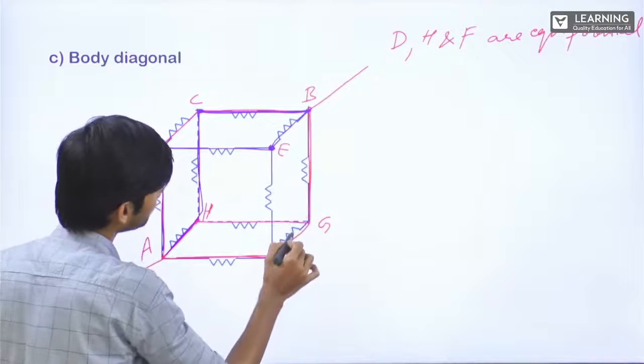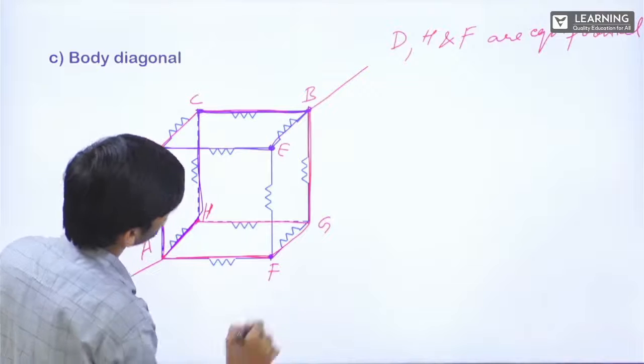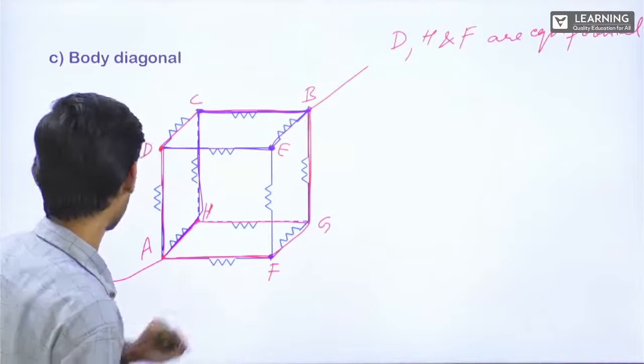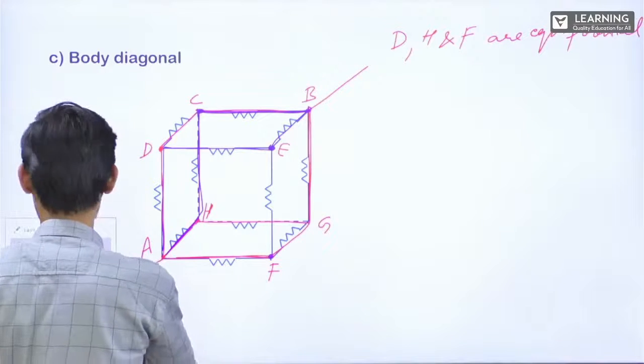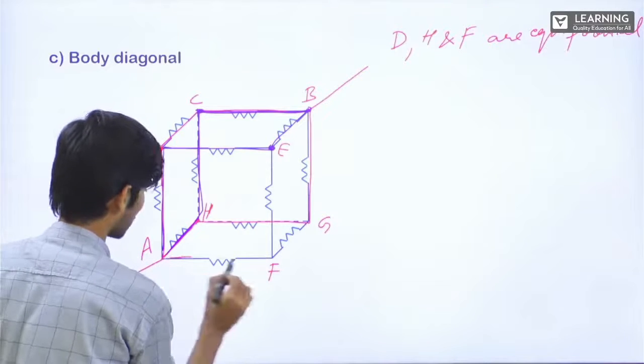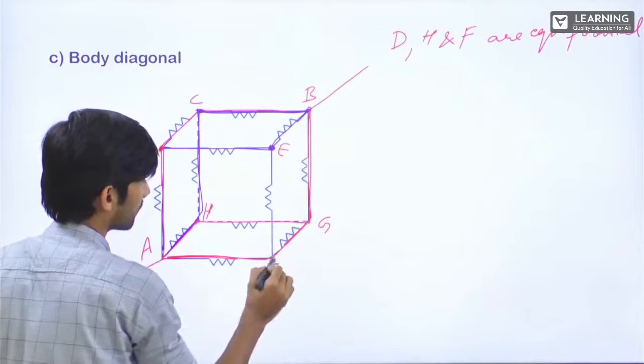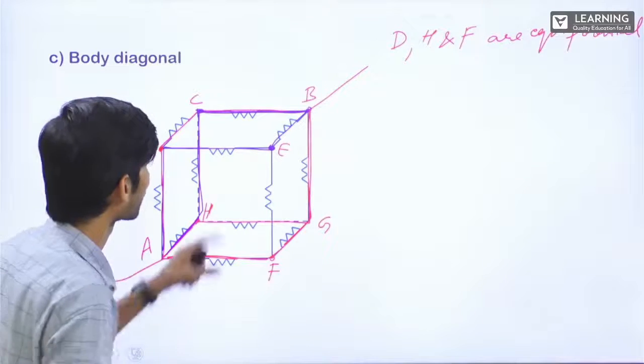Another, F, 2 from A I want, right? Okay.